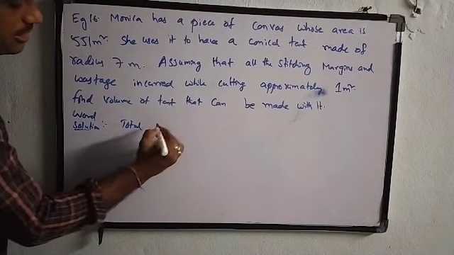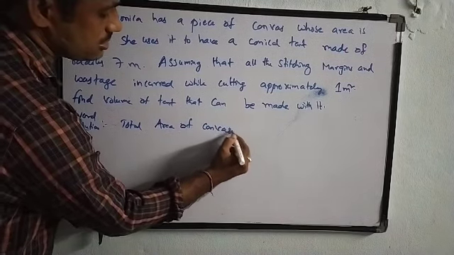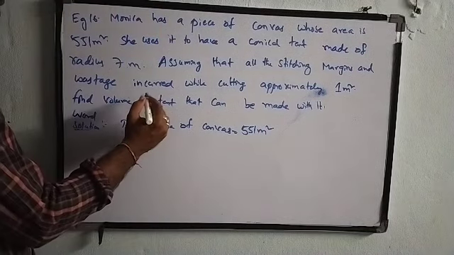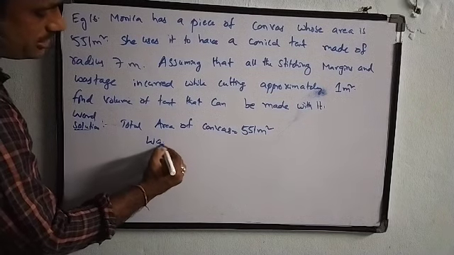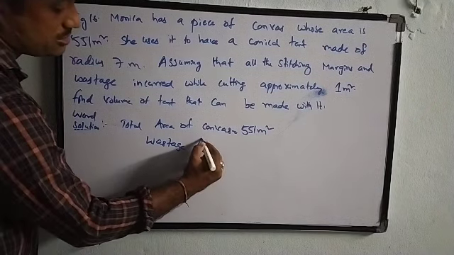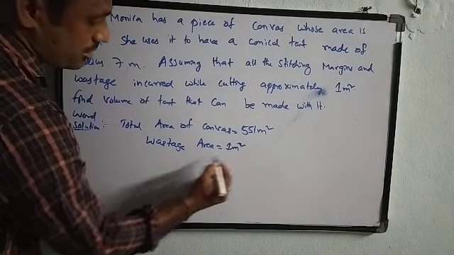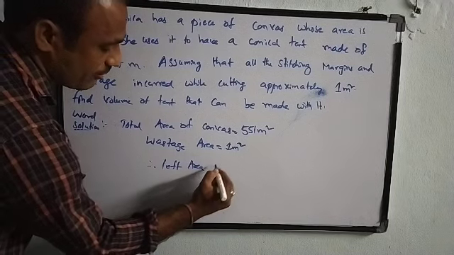Total area of canvas is 551 meter square. So we are getting a wastage. So wastage area, which is 1 meter square. Therefore left area of canvas.